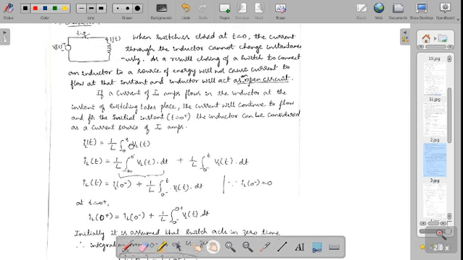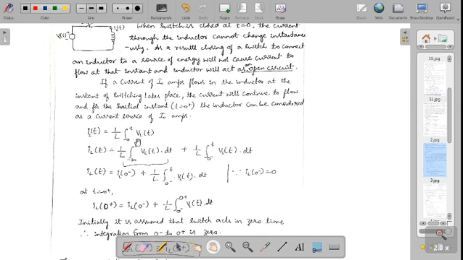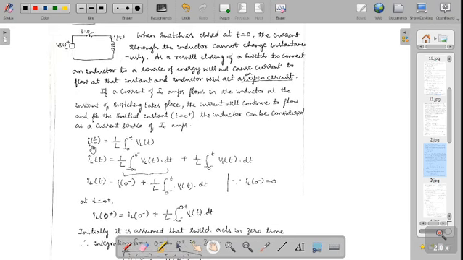Let us consider this in terms of equation. You know the equation for IL of t. What is the current flowing into the inductor? It is given by IL of t equals 1 by L integration from 0 to t of VL of t, where this is the voltage.